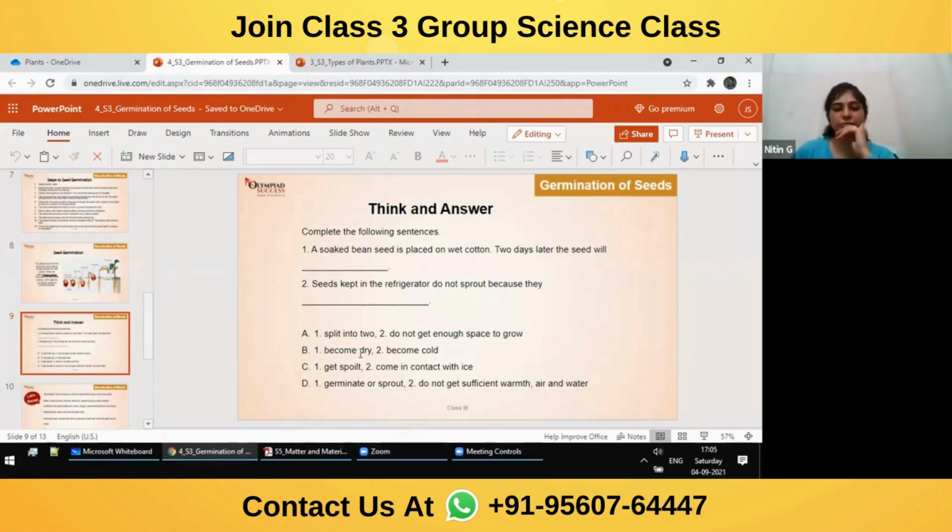What will be the answer for the first out of these options? Split into two, become dry, get spoiled, germinate or sprout. No, beta, wrong answer.